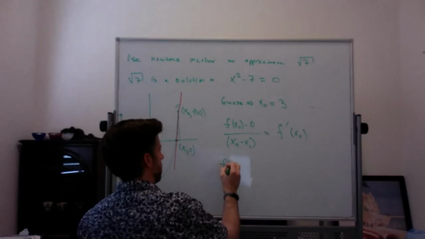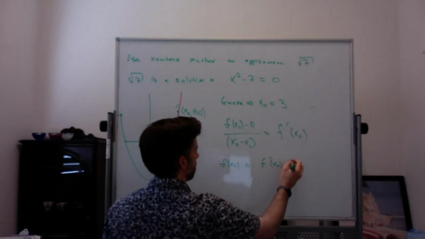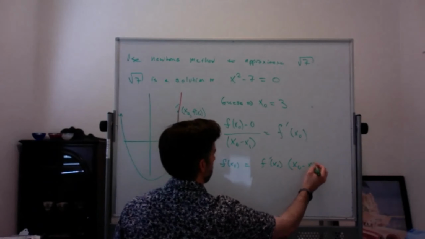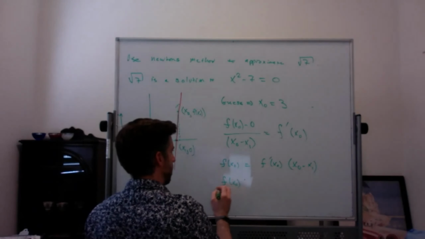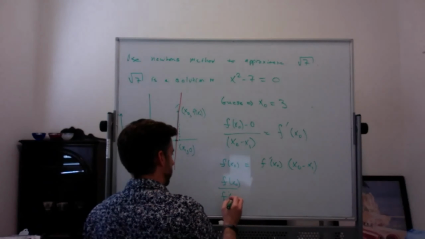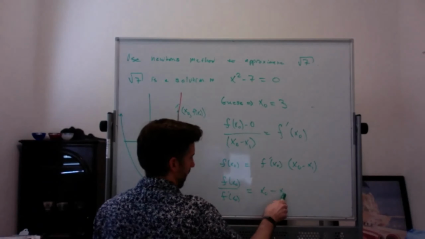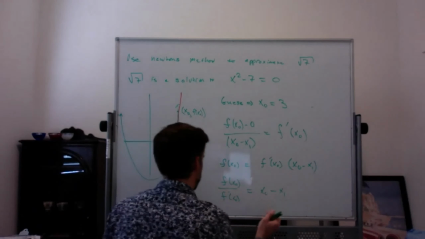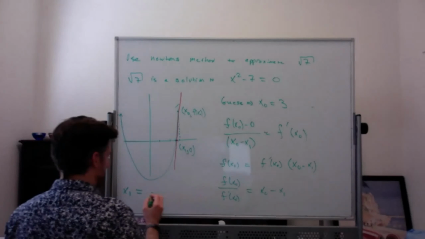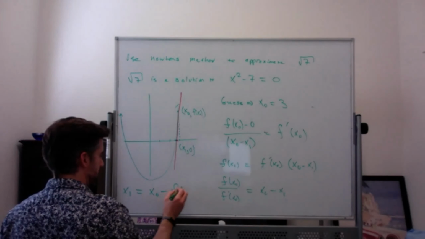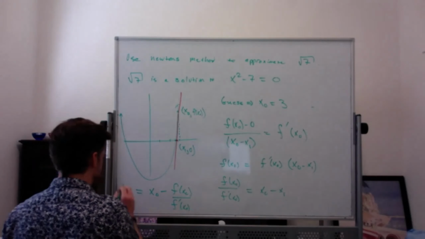So I'm going to say f of x naught equals f prime of x naught times x naught minus x1, divided by this. f of x naught divided by f prime of x naught equals x naught minus x1. Add this over here, subtract this over there. So I'm adding x1, and I'm subtracting this, and getting x1 equals x naught minus f of x naught over f prime of x naught.